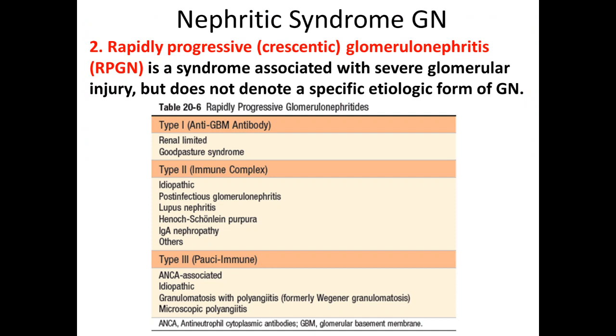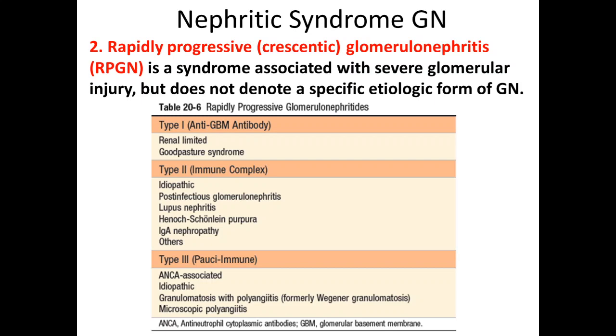Nephritic syndrome, guys, with rapidly progressive, crescentic or extracapillary glomerulonephritis, is a syndrome associated with severe glomerular injury, but doesn't denote a specific etiologic form of glomerulonephritis.